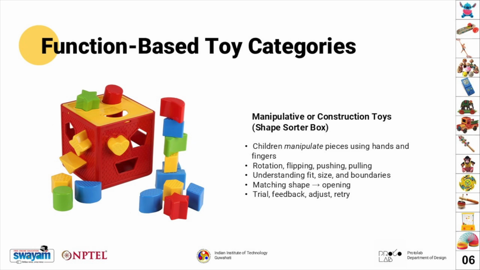Blocks, stacking rings, shape sorters, interlocking pieces, they strengthen fine motor skills and early problem solving. But we are not diving into development theory yet. A shape sorter is a classic manipulative toy because the play experience depends on how the child handles and controls the pieces.